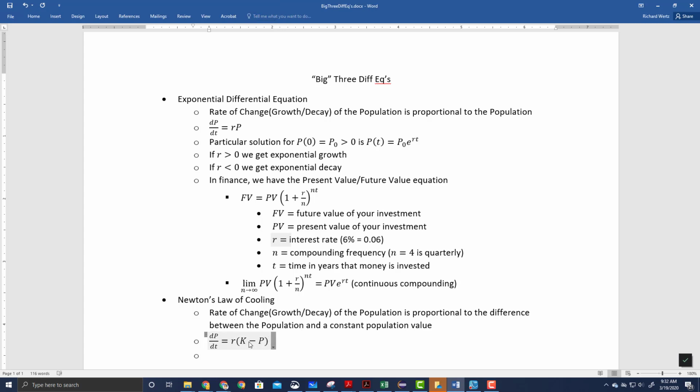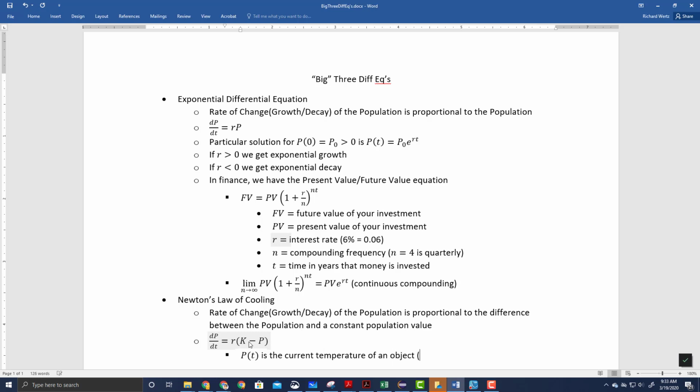All right, and in Newton's law of cooling, we're going to think of that constant as sort of room temperature. So here in Newton's law of cooling, we're going to consider that P of T is the current temperature of an item, or an object.